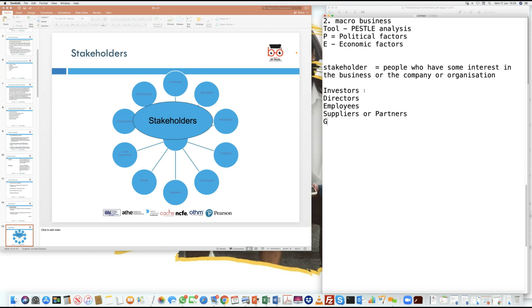You also have the government as a stakeholder, because the government makes the law, legislation, and sets the policies. There are other stakeholders also, such as shareholders, people who own the shares of the company. It could also be the local community.